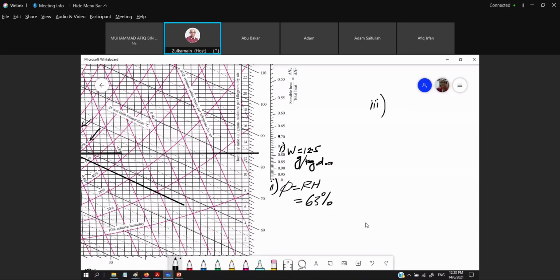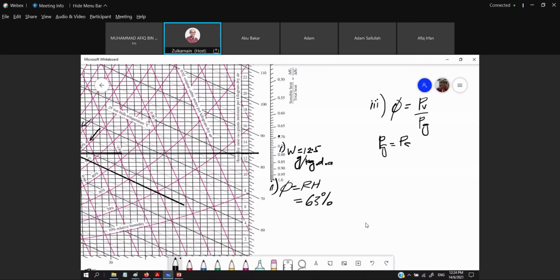So in order to get the PV, we have the phi value. The phi value is equal to PV over PG. And what is PG? The PG is equal to P sat at 25 degrees C.